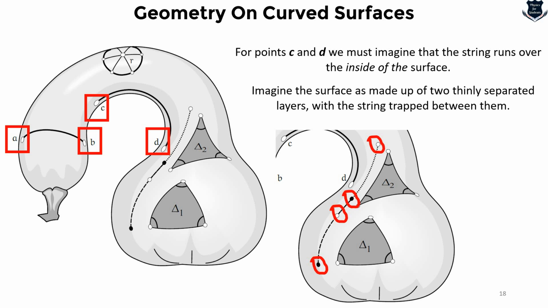Just to give you a feel of this kind of figure, imagine two thinly separated layers and the string trapped between them. Let me show you this animation again. This black dot is the line going, and we are extending that black dot into the white one.